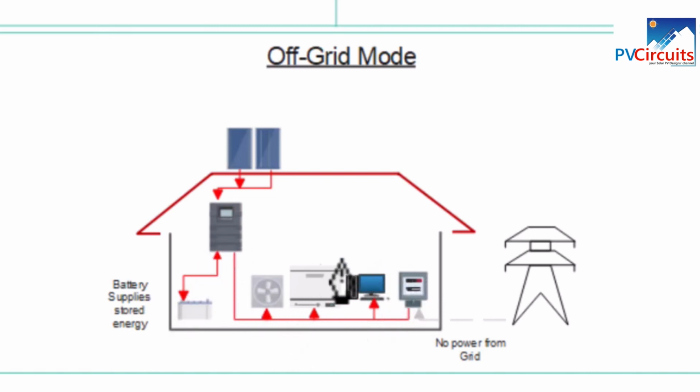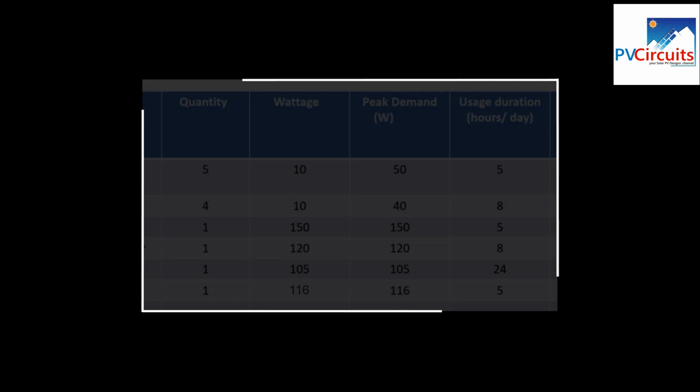Otherwise, if the household equipment are demanding more power and the battery and the charging cannot meet that, then we shall have a blackout. So in this case, the system is just operating like an off-grid system.